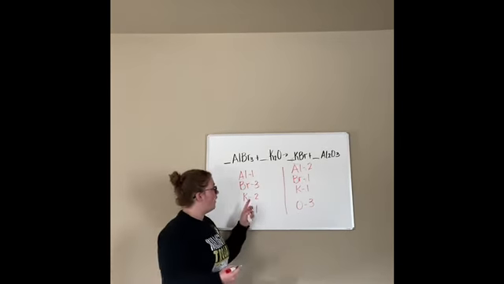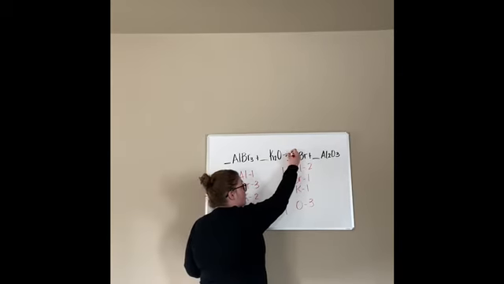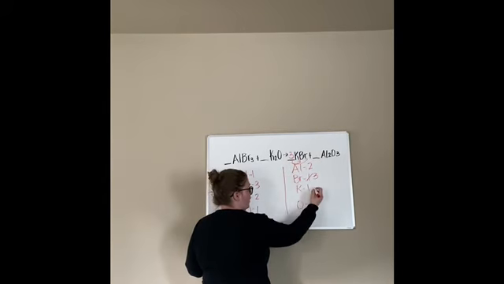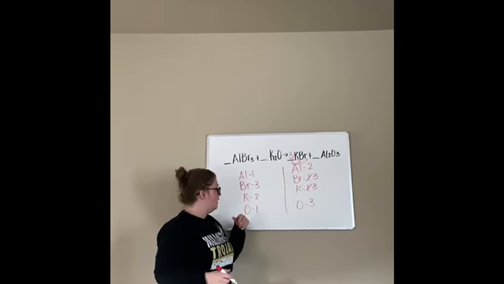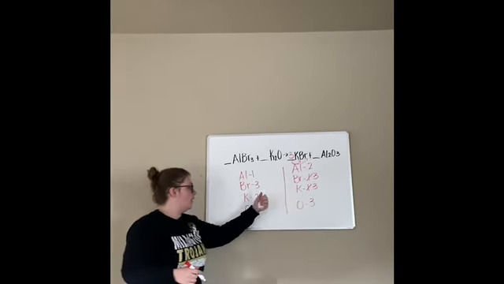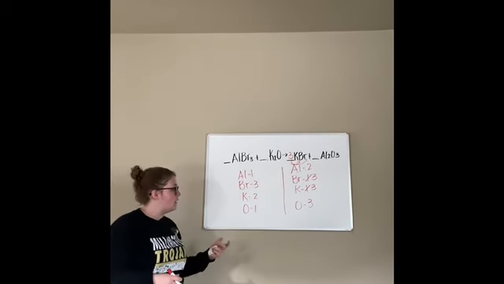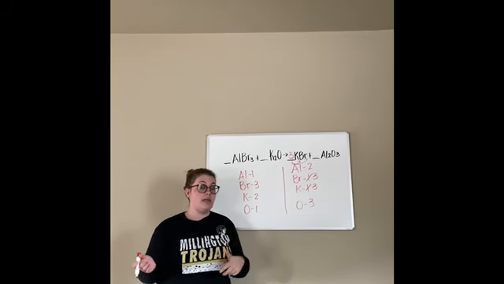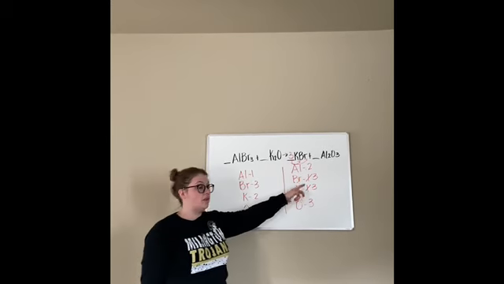So if I put a 3 right here to balance my Brs first, this would get applied here and it would get applied here. So I would have 3 Brs over here, I'd have 3 Brs over here. I would now have 3 Ks over here and only 2 Ks over here, right? And remember what we talked about before is that if you have numbers that can't be multiplied evenly into each other, 2 times any whole number is not going to give me 3.